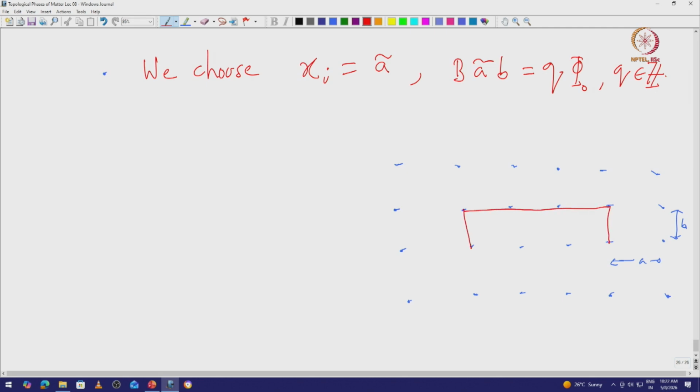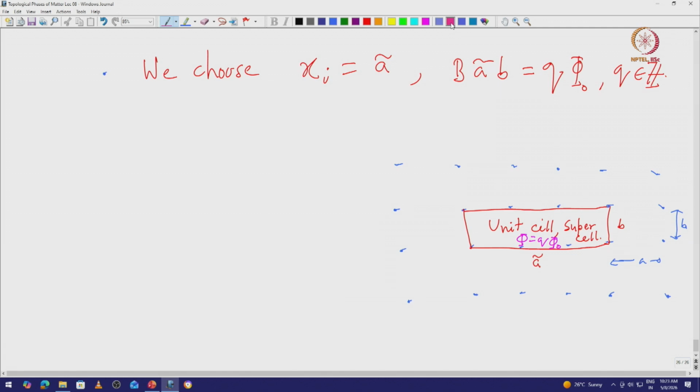We keep the y axis same. So, now this becomes our unit cell, or rather supercell. Why? Because now if I have a region which involves a flux value of phi equal to q phi 0, and why it becomes a unit cell?